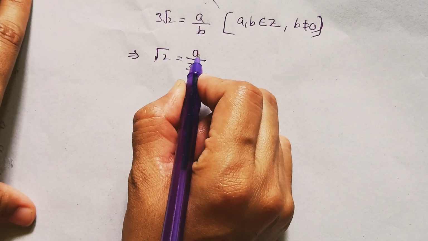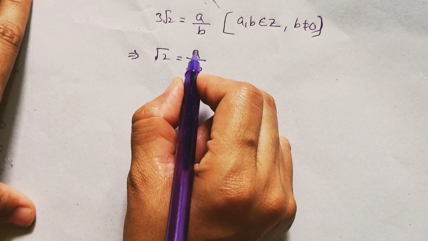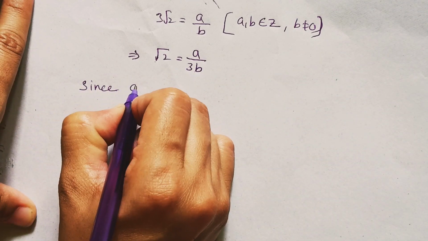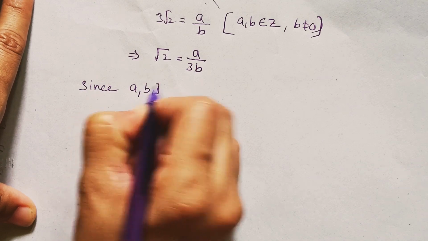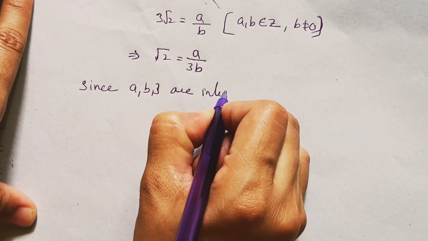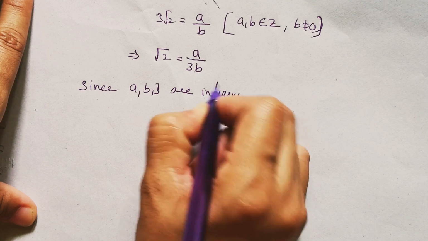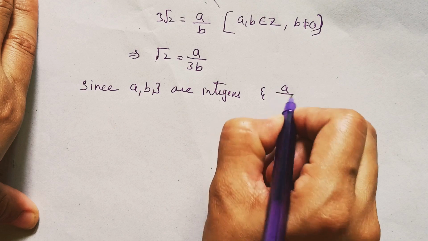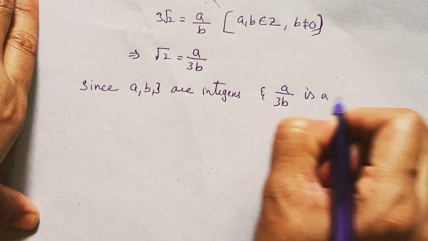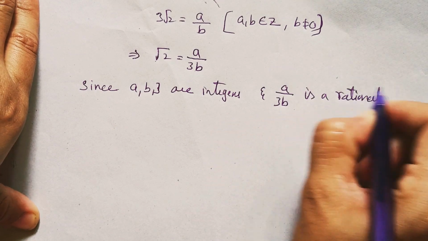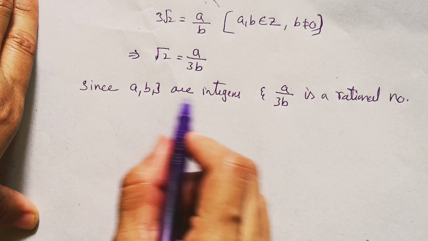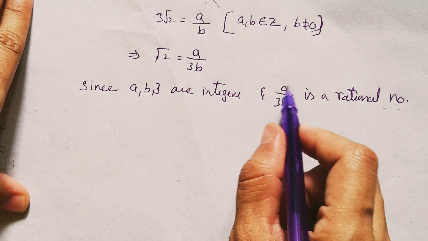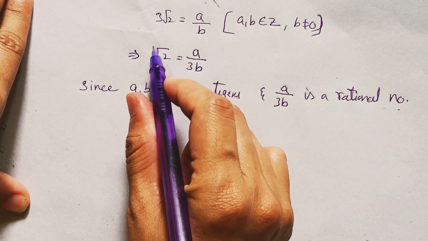If you observe here, a by 3b, these are integers and it is in the form of p by q. Since a, b, 3 are integers, a by 3b is a rational number. Why is this in that form? If these are integers, then a over 3b is a rational number. If this is a rational number, then root 2 is also a rational number.